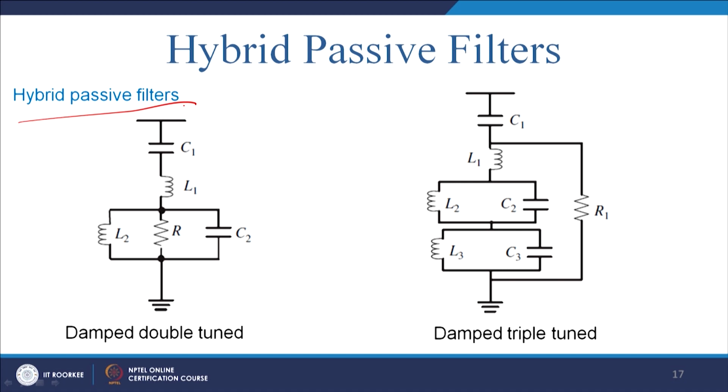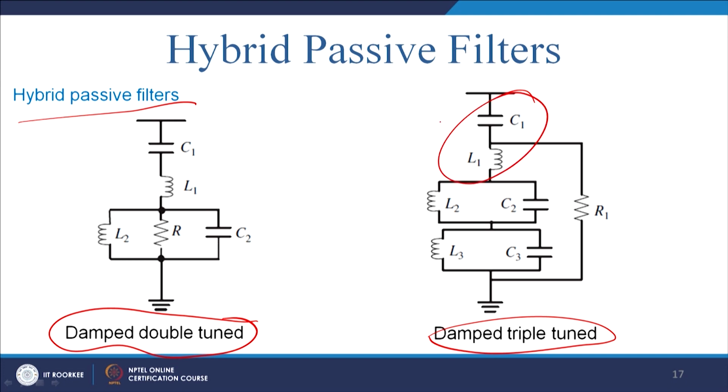So, you can have a series filter, with that a shunt filter, and this is a double tuned one. Similarly, you can put L1 C1, which gives one combination, L2 C2 gives another combination, L3 C3, and thereafter you can have an RC network to bypass the switching mainly.